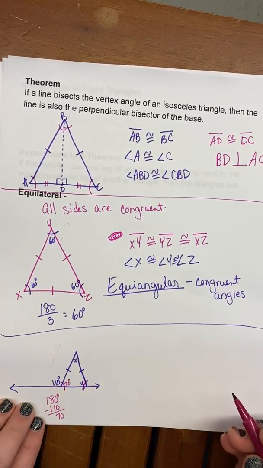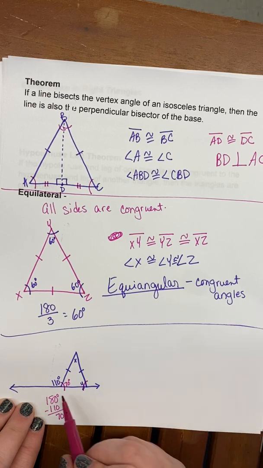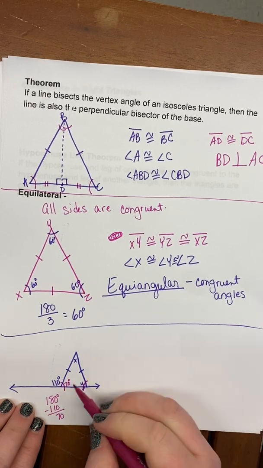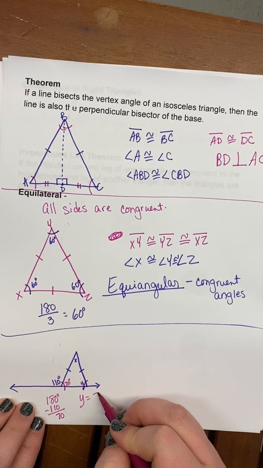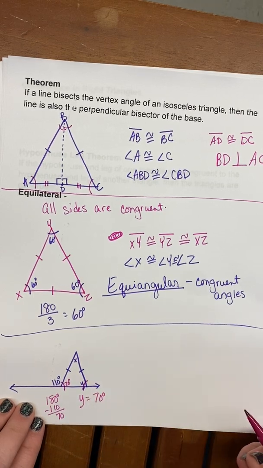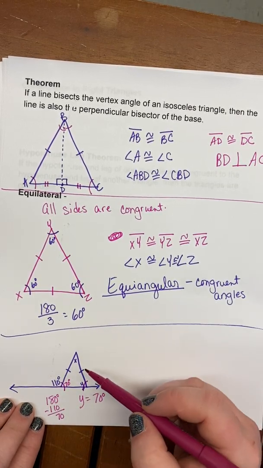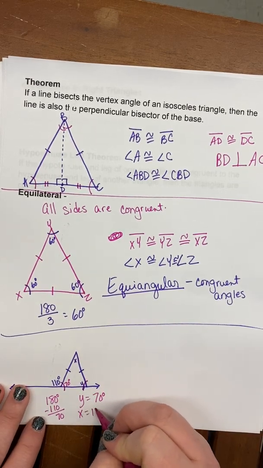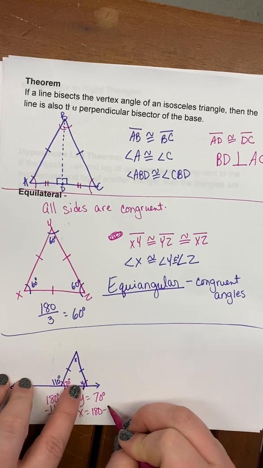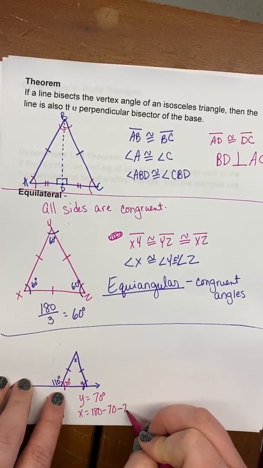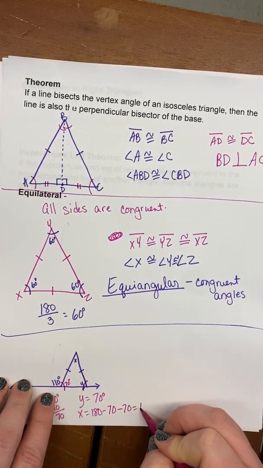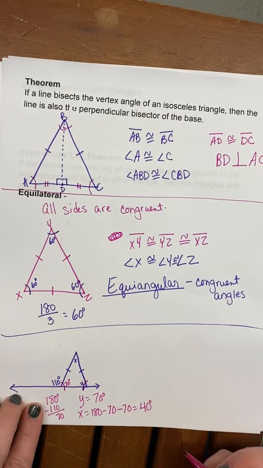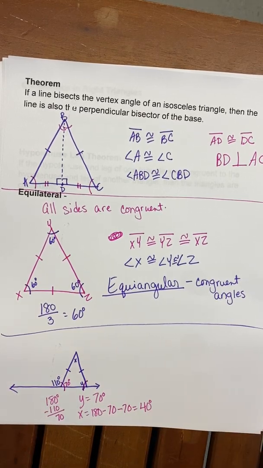This angle is 70 degrees. If this angle is 70 and it's congruent to Y, then Y is also 70 degrees. To find X, I'm going to have to say 180 minus 70 minus 70, which is 40. So Y is equal to 70, X is equal to 140.